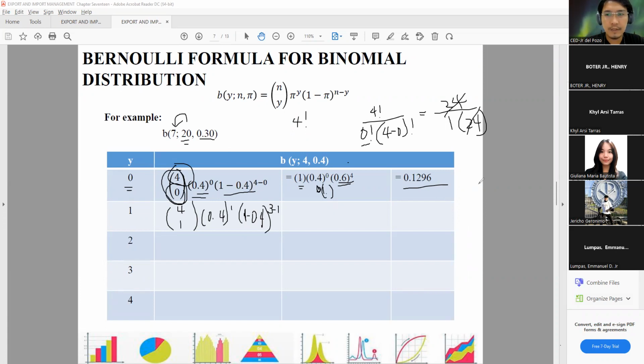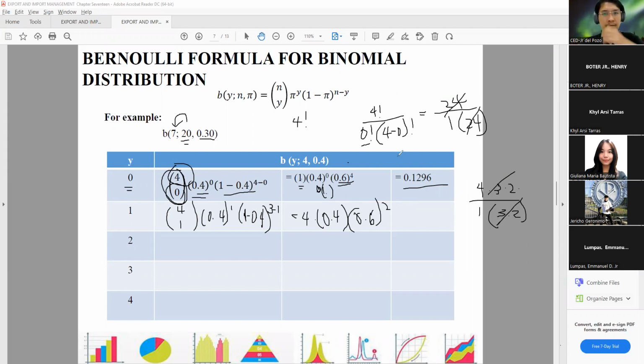Ginana natin. 4 factorial is 4, 3, 2 over 1. 4 minus 1 is 3 times 2. So that is 4. Ito ay 4 multiply by 0.4, 0.6 raised to 2. Ano sagot?